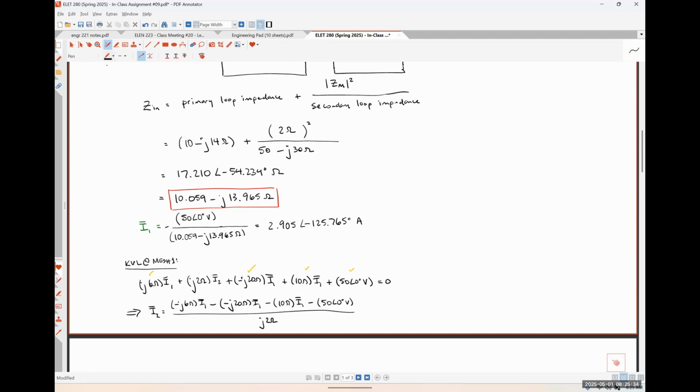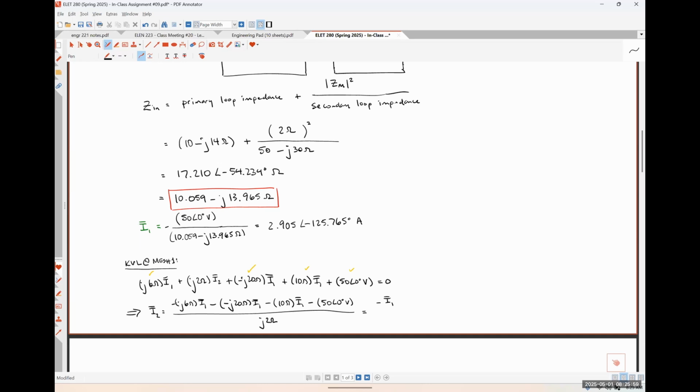And now I'm just going to combine some things to pretty this up a little bit, okay? So I'm going to write this as negative I1 because there's a common factor of a negative sign, actually, and I1 in all of those terms except for the 50 volts.